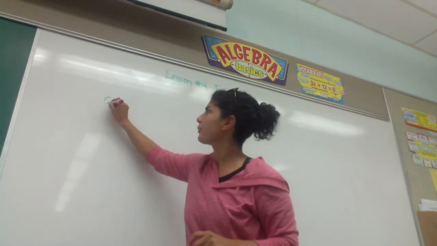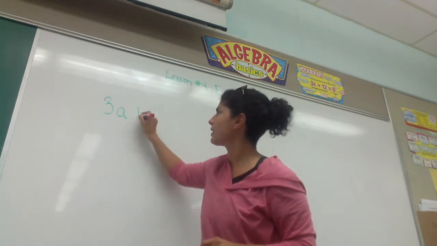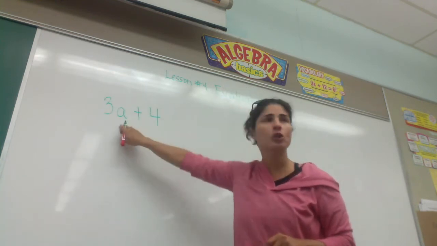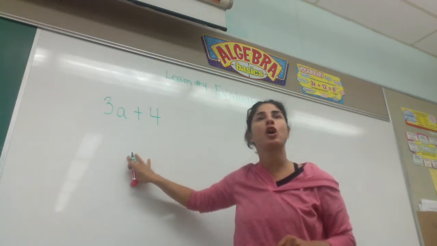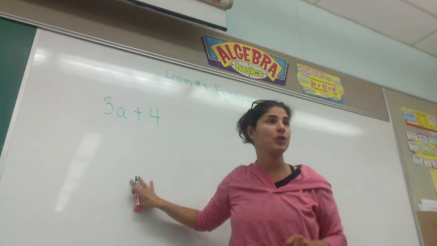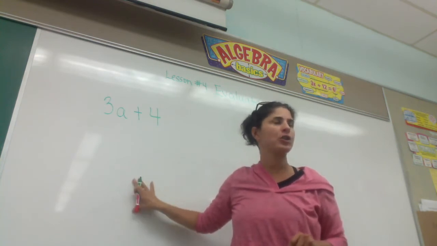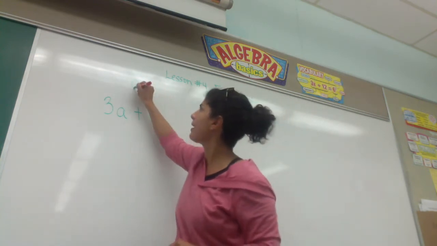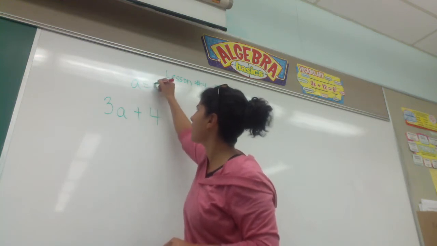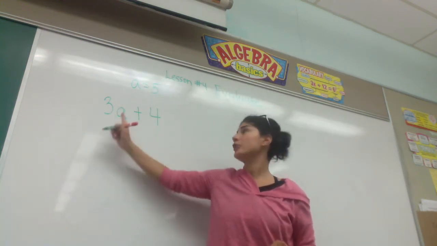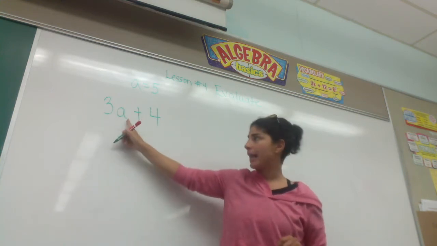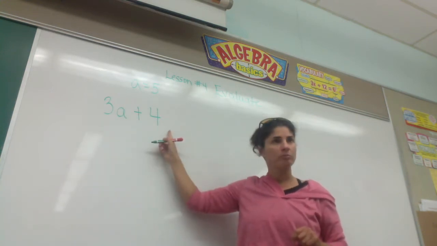If I said 3a plus 4, and I told you the value of a, then you should be able to solve this with a final answer, a numerical final answer. So let's say I tell you a has a value of 5. Well, what does 3a mean? It actually means 3 times a plus 4.